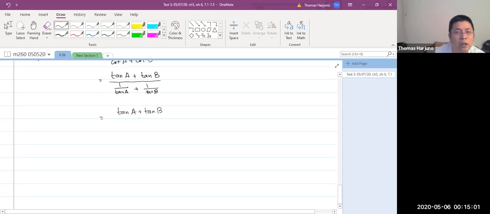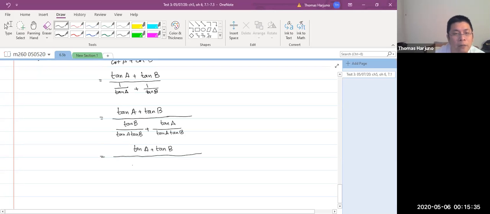On the denominator, I create the LCD: tangent A, tangent B. So this is tangent B, this is tangent A. I get on the top the big fraction, tangent A plus tangent B, and at the bottom, a fraction of tangent B plus tangent A over tangent A, tangent B.